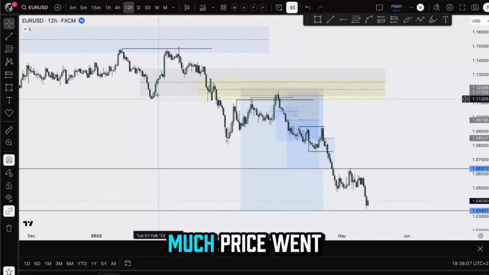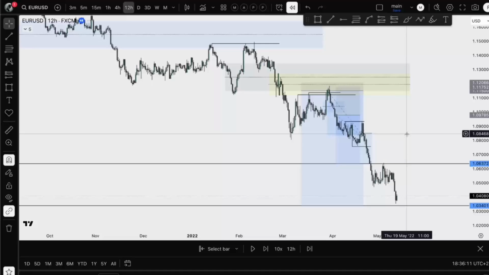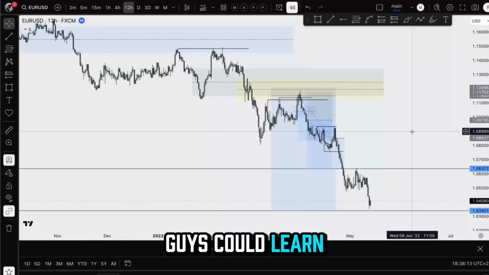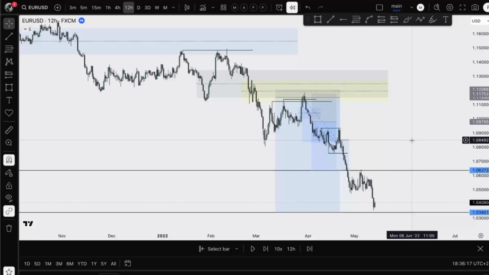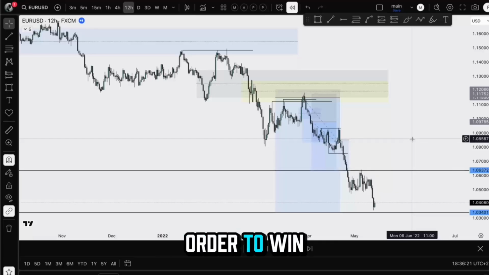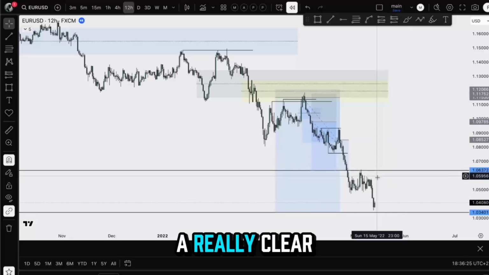So yeah, pretty much price went lower, and I hope you guys could learn something from this example on how to scale into winning trades and add size in order to win even more in trending markets when we have a really clear bias.